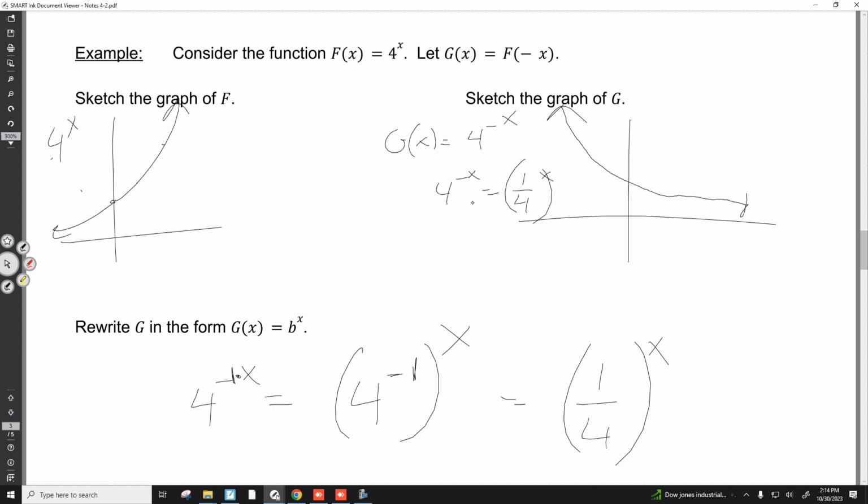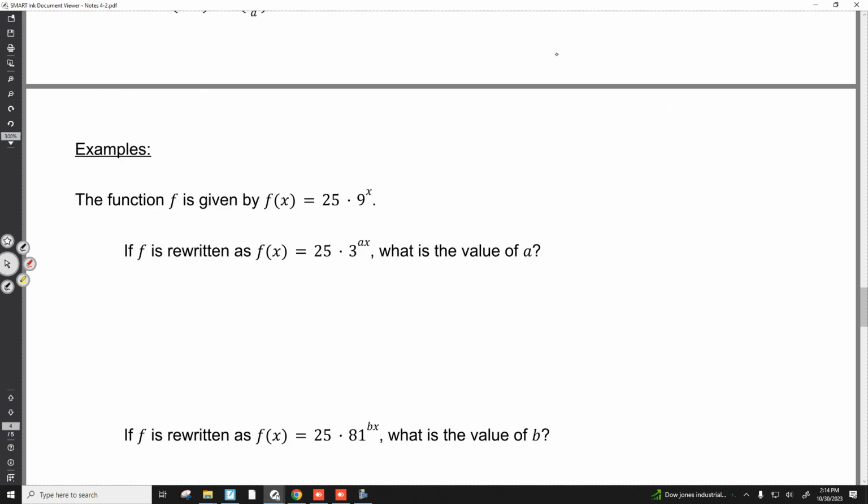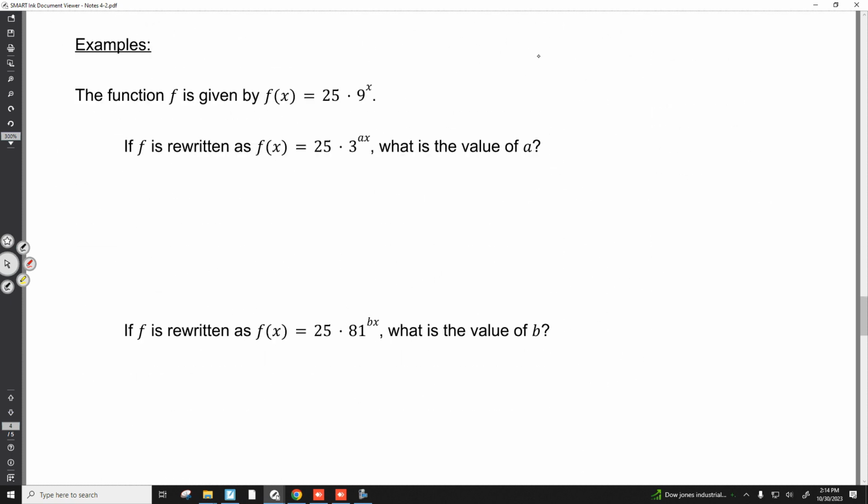Okay, cool. All right. Ready? Here's what I would do here. 25 times 9 to the x is the same as 25 times 3 to the ax. What's a? Well, sometimes you need to be comfortable saying, oh, 9 to the x needs to be written as 3 to the ax.